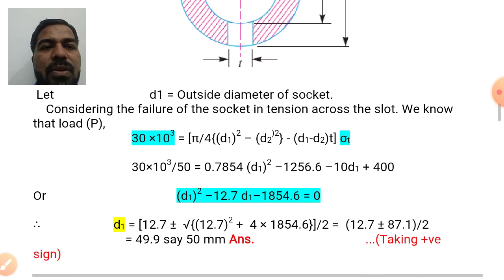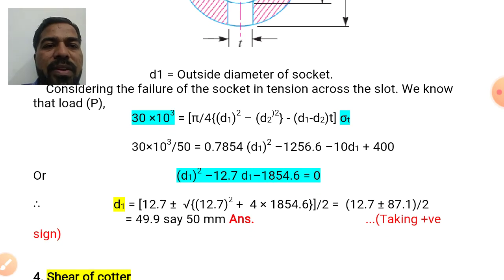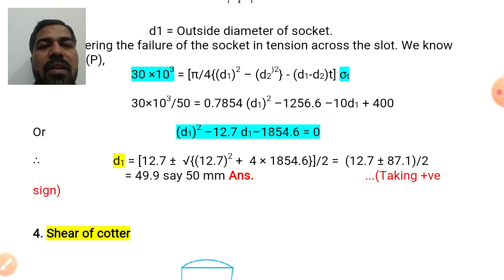We will obtain a quadratic equation, and after solving this, D1 is equal to 49.9, or according to standardization 50 mm, and we will always take the positive value. So D1 is equal to 50 mm.